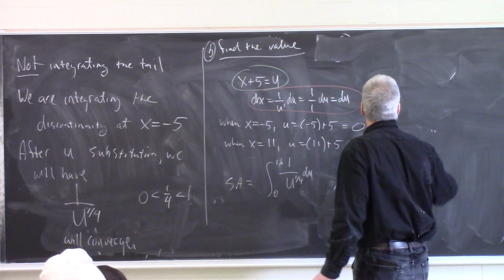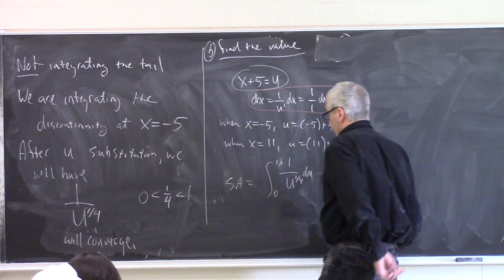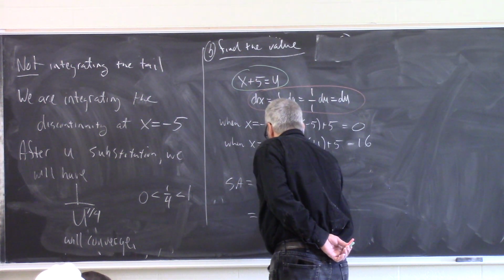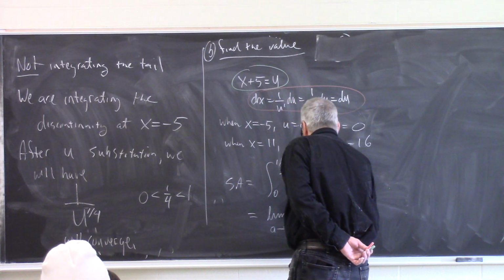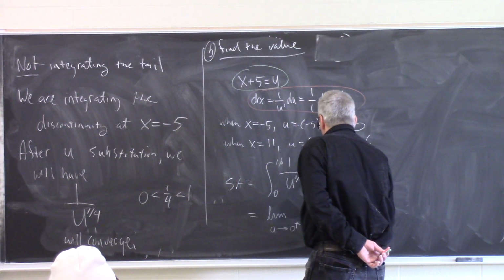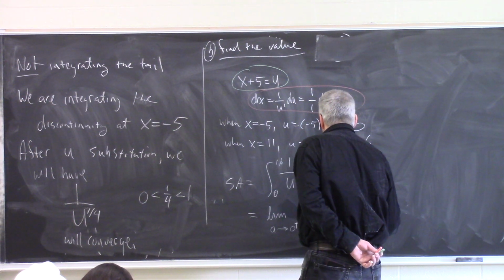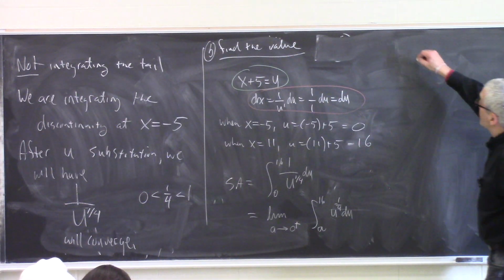Now, we have to treat this as an improper integral. So what this really means is the limit as a approaches 0 from the right of the integral from a to 16, and I'm going to write this as u to the minus 1/4. All right?